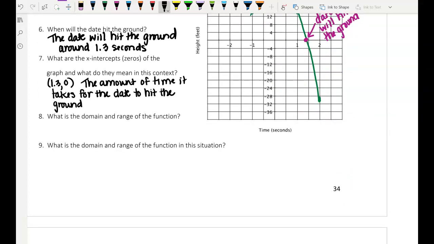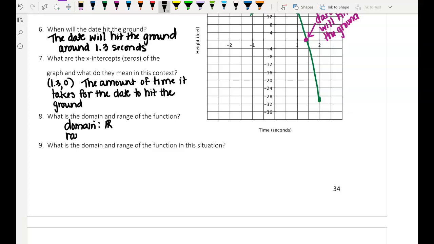What did we say is the domain of any quadratic function? So the domain of the function is all real numbers. Make sure that that R is touching both lines. On the quiz, I would get a line and then an R next to it. The R has to be going through both lines.